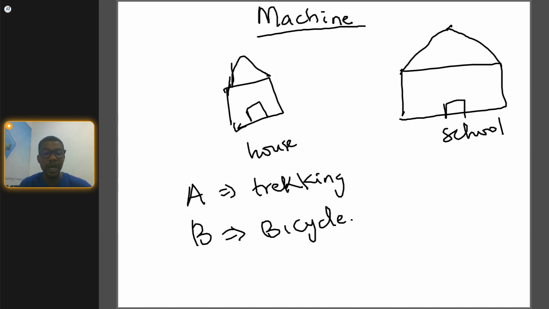So we have two individuals leaving the same house, covering the same distance to the same school. The first person is trekking, while the second person is going with a bicycle, that is cycling. Now, between Mr. A and Mr. B, who do you think will be the first person to reach the school?